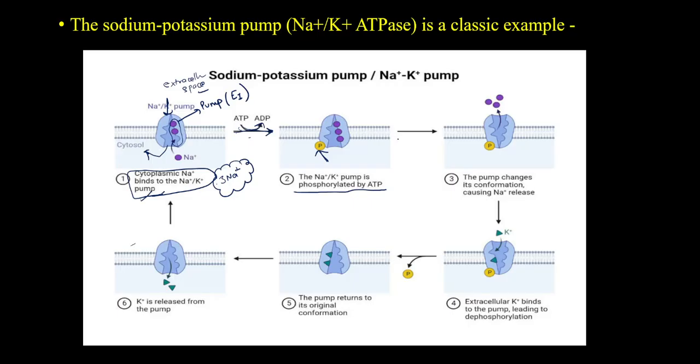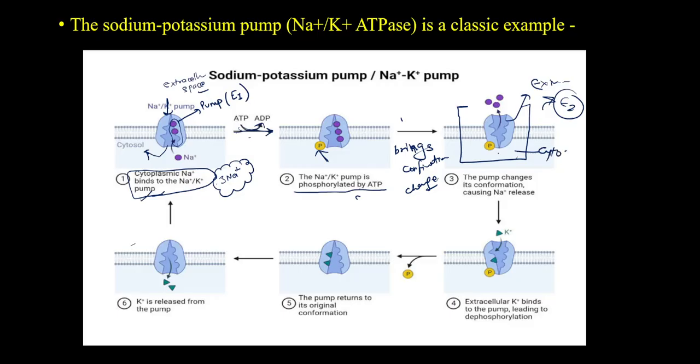So after phosphorylation, what we have studied is that phosphorylation triggers the conformational change. In this state, we can see this pump is in its E2 state, in which it is open toward the extracellular side and closed toward the cytosolic side.